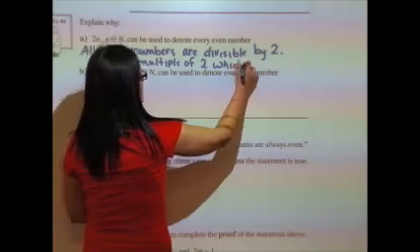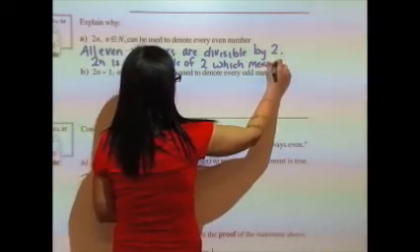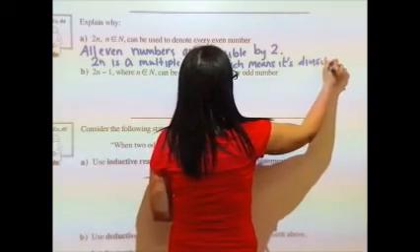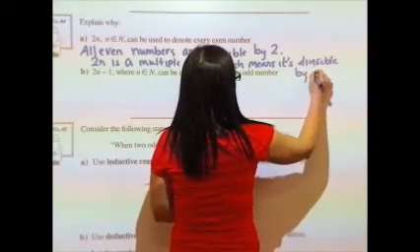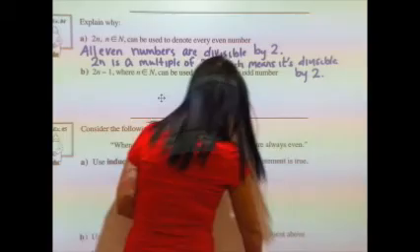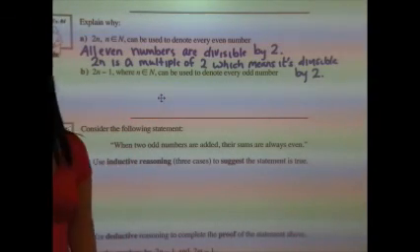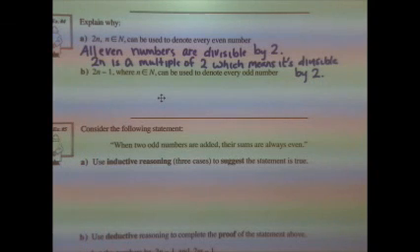Which means it's divisible by 2. So then why could I use 2n minus 1 to denote every odd number?